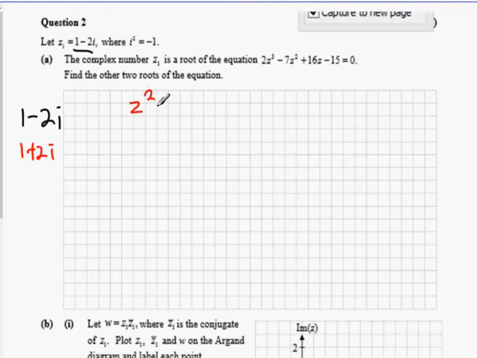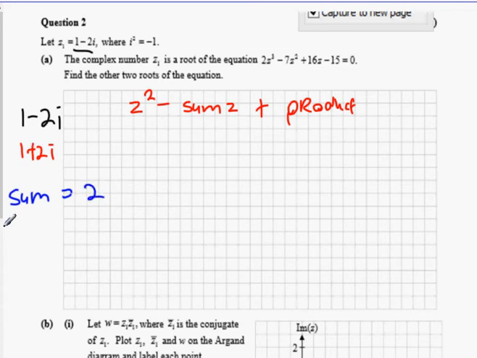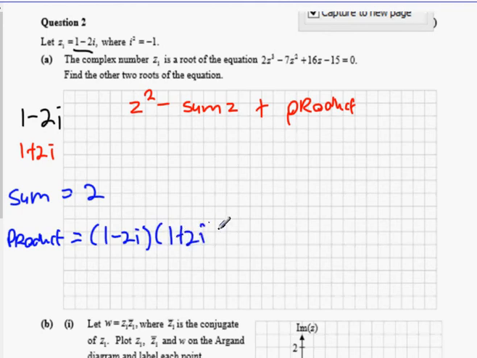You go z squared minus sum of roots times z plus product of roots. Now let me show you what the sum and product mean. Sum is add them together. So when you add 1 minus 2i plus 1 plus 2i, what do you get? 1 plus 1, which is 2. The sum is 2. The product of your roots is 1 minus 2i times 1 plus 2i. You've got to multiply them all out.